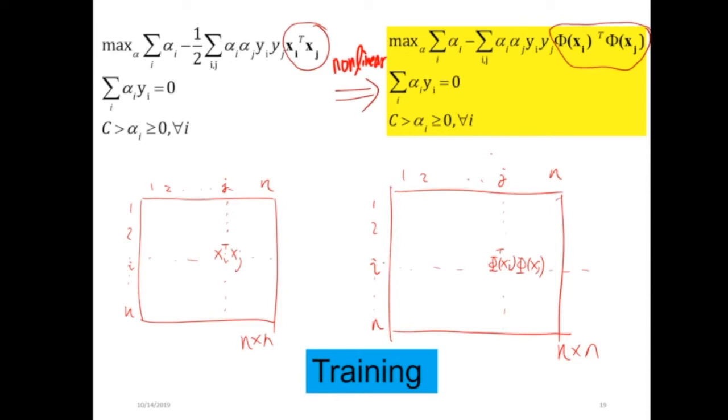So this is what the training data provides to this formulation, because I really do not need the original phi at all. What I need is the similarity between x i and x j, in the form of an inner product.